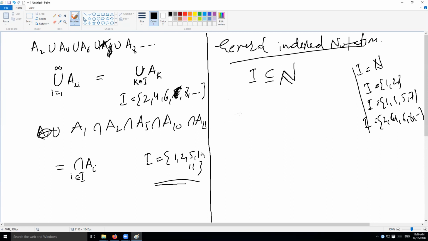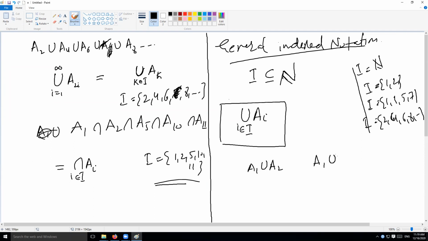then I can write that I'm taking the union of A_i where i belongs to the index set I. Now I am saying that this notation contains A1 union A2 as well. It contains A1 union A2 union A3 union A100 as well.